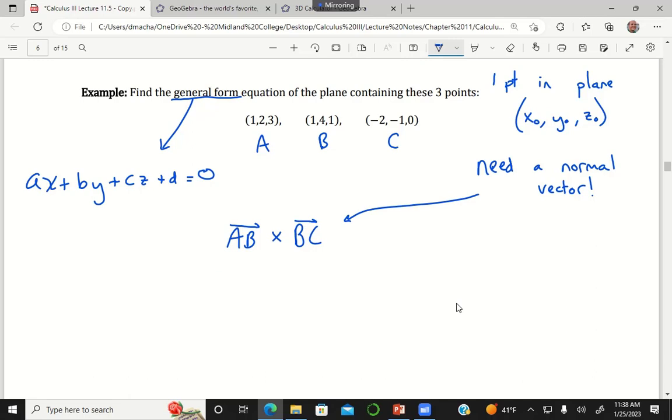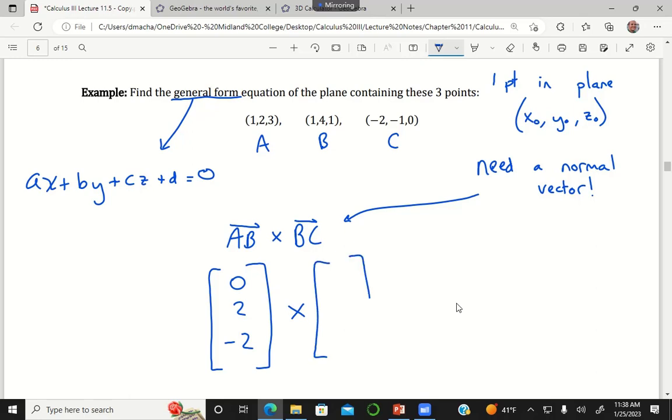Now AB is going to be the vector that I get from just subtracting the coordinates of B minus A. So I'll have 1 minus 1 is 0, 4 minus 2 is 2, and 1 minus 3 is negative 2.